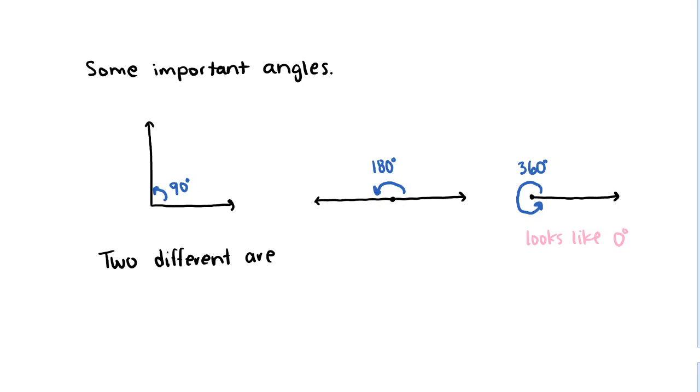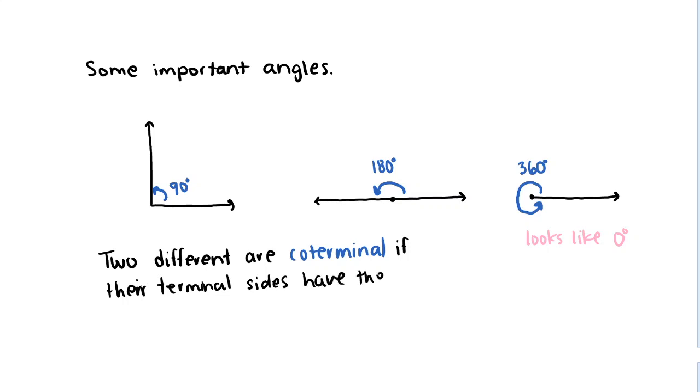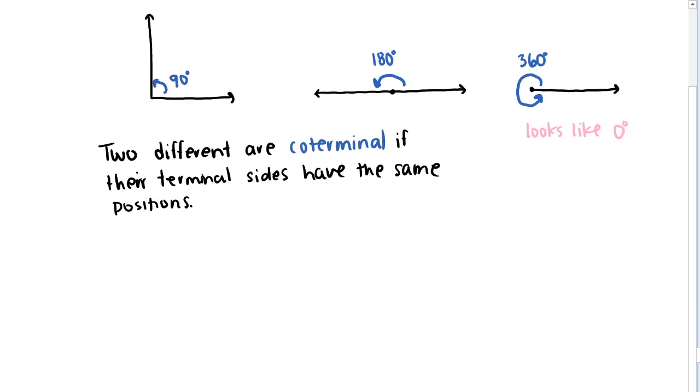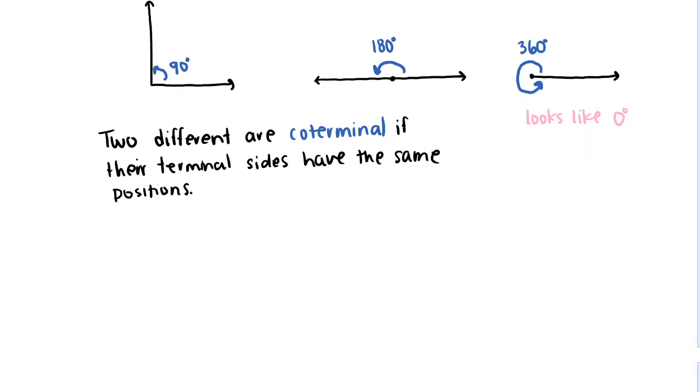Two different angles are coterminal if their terminal sides have the same positions. So 360 degrees and 0 degrees are examples of coterminal angles because they look like they're in the same position.